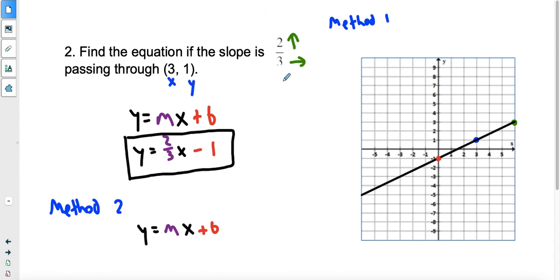So we can plug that all in to help us find the equation. So let's go ahead and do that. Our y value here is going to be 1. Our m value is 2 over 3. Our x value is going to be 3. And b is what we're trying to find.